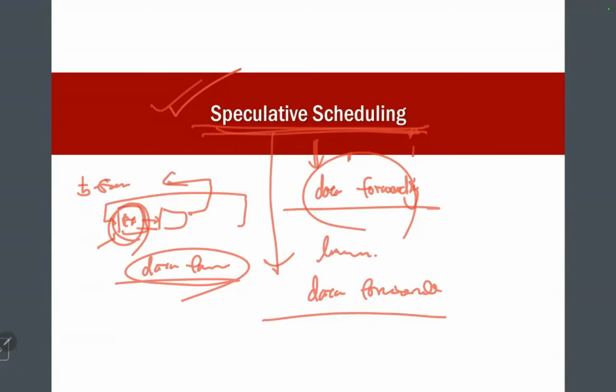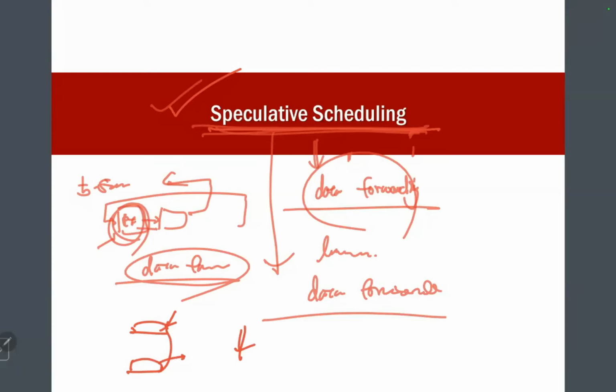The latency is the same. Which means that if an instruction is issued to the execution unit, then the result is generated after some fixed latency. So that's why we can apply speculative scheduling.